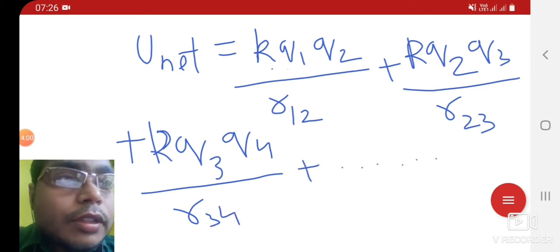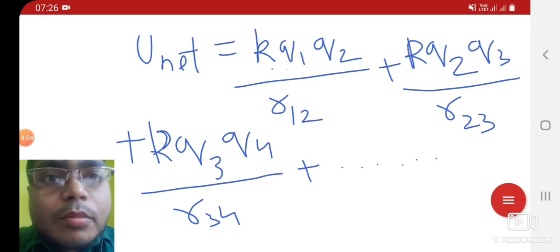It will go on like this. So this is the addition of all the potential energies between the charges.